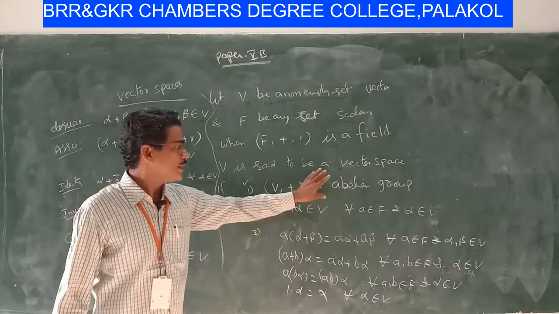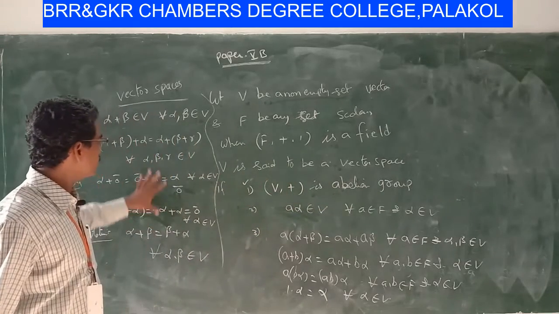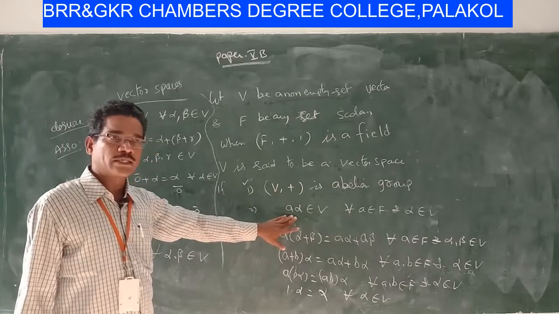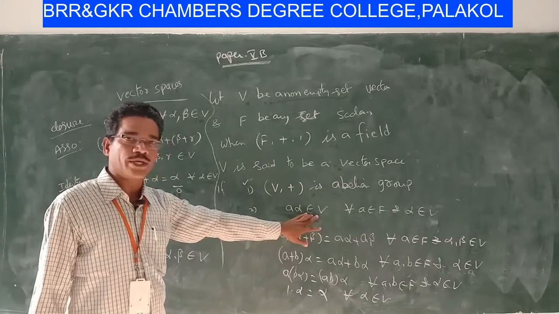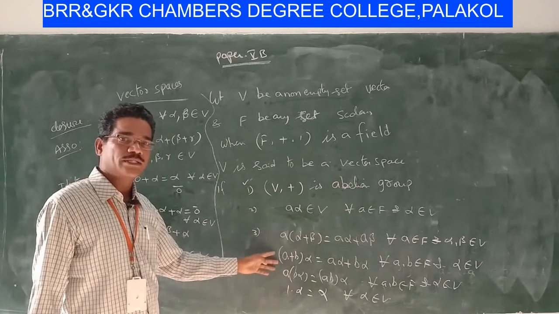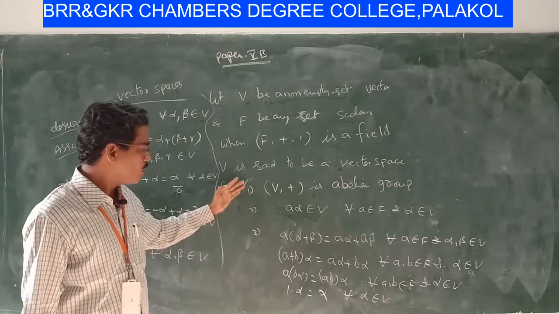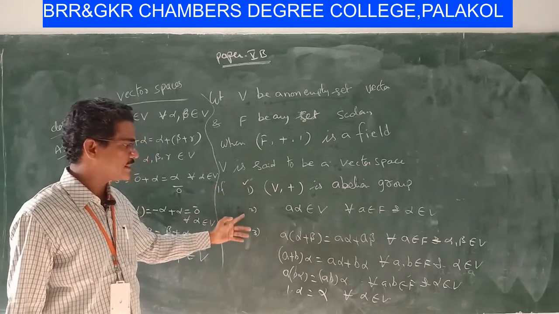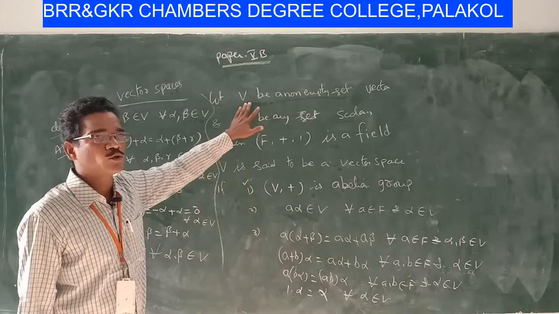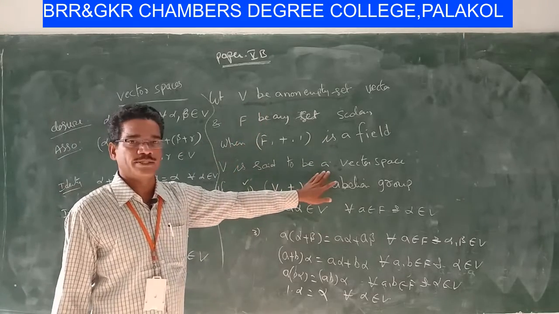And scalar multiplication, that means A alpha belongs to V, and the 4 conditions are also satisfied. So these 3 conditions are satisfied, then a non-empty set V is said to be a vector space.